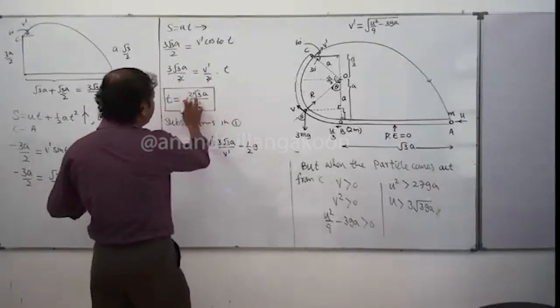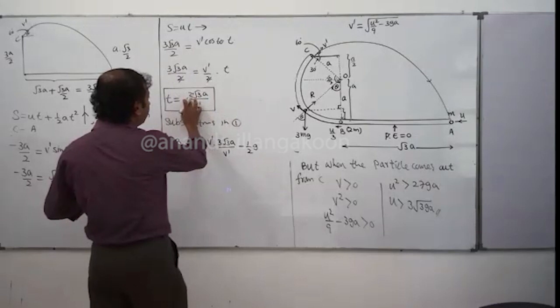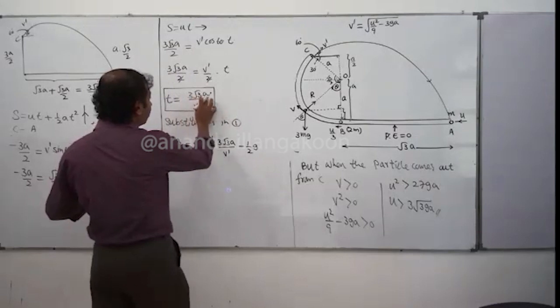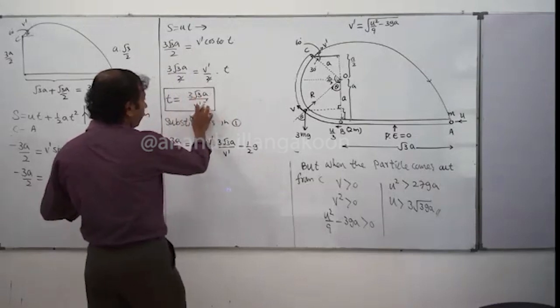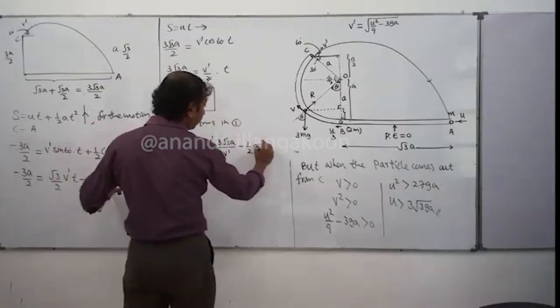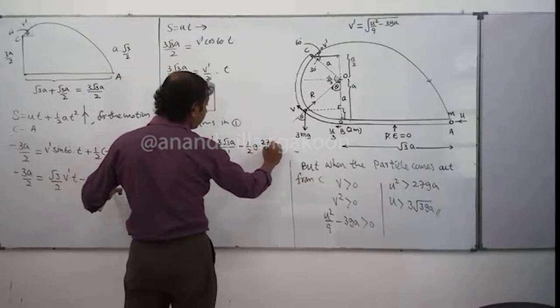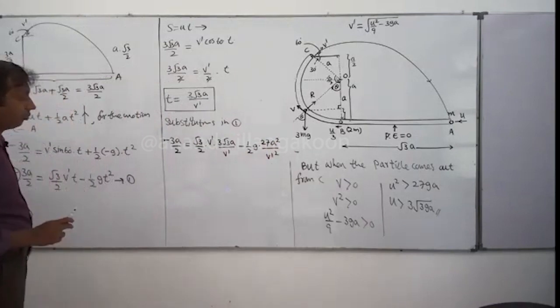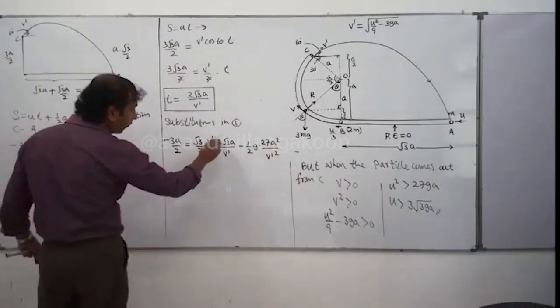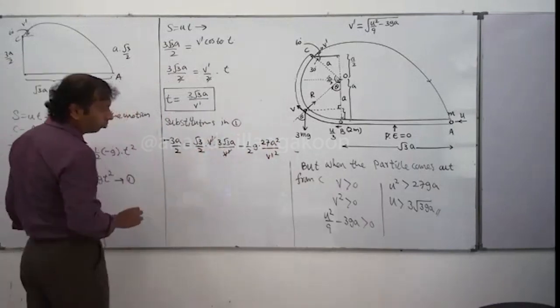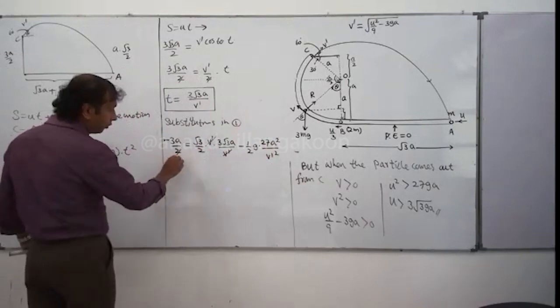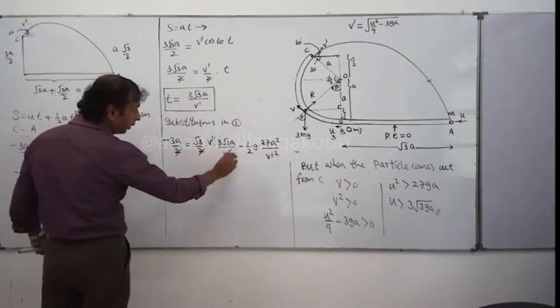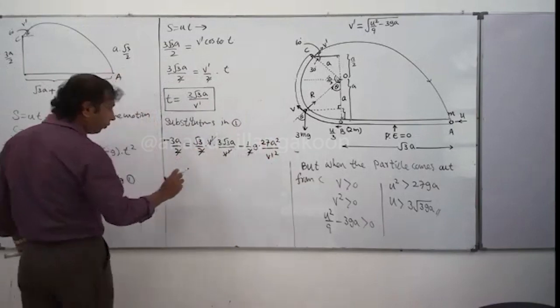T squared means here 3 root 3A perfect square divided by v dash squared. 3 root 3 perfect squared is 27, times A squared divided by v dash squared. Here is v dash, and this you can cancel down. This 2 here, this 2 here, and this 2 here you can cancel down.